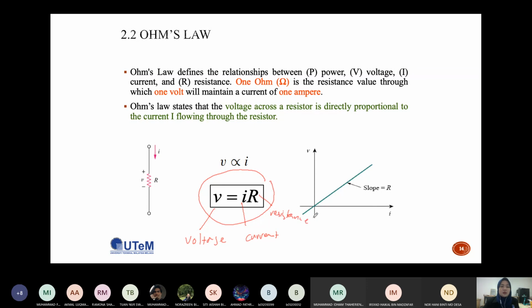Based on this equation, voltage is directly proportional to current. If the current increases, the voltage will increase. If the current decreases, the voltage will decrease. So you have a graph of V with respect to I like this.